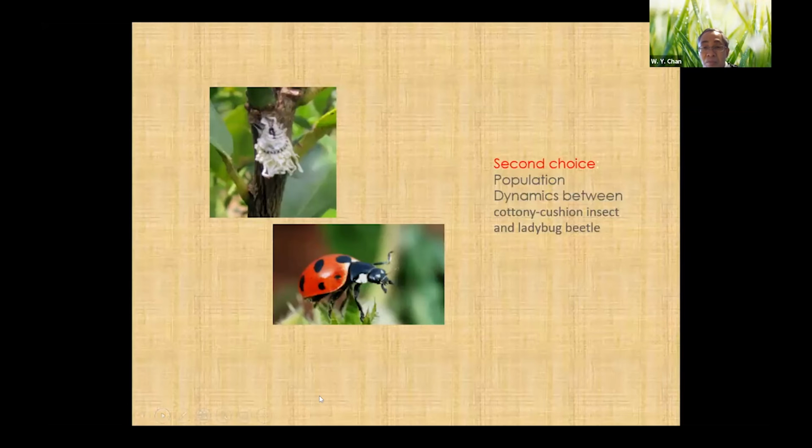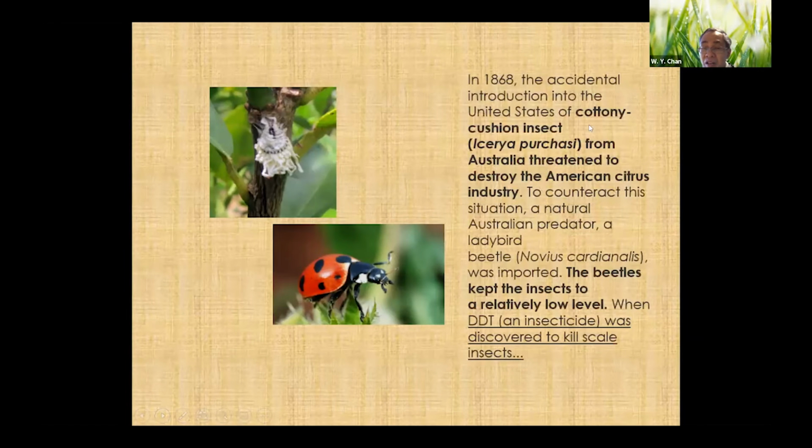And the other one is about the population of insects and their natural predator, the beetles. I just put down some kind of summary here about the insects and the beetles. One is a predator, the other one is a prey.